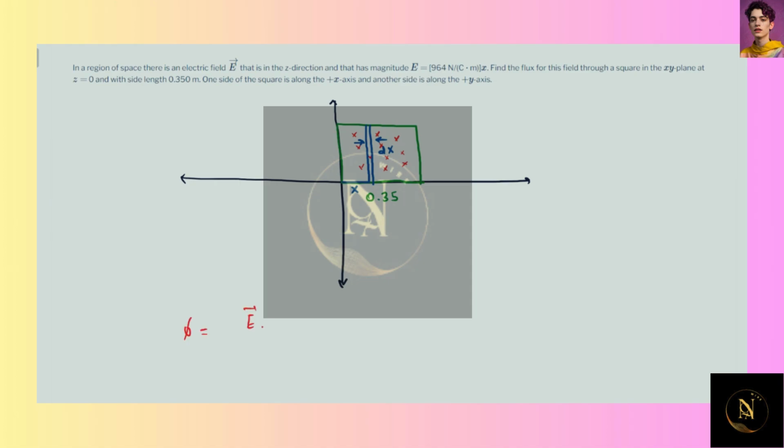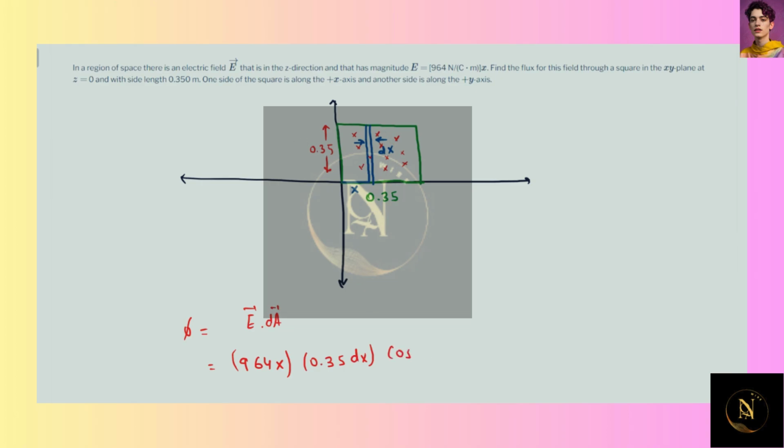So we are going to find the flux in this strip, which is E dot dA. dA is the small elemental area. E is 964x. dA is a rectangle, so that's length times width. The length is 0.35 and the width is dx, so that's 0.35 dx. This is a dot product, so we have cos of the angle between them.